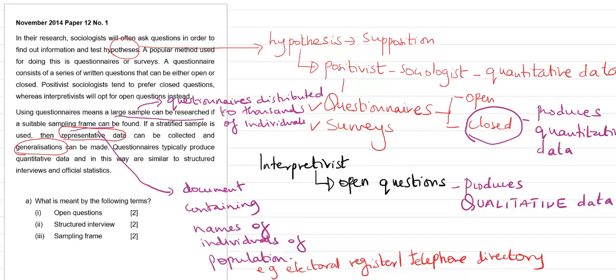Recall that a sample is a group of people that is chosen out of a population. There are several ways of selecting a sample. Snowball sample is used when no sampling frame exists. Random sample includes simple random and stratified random sample.